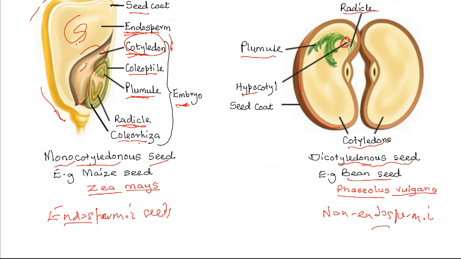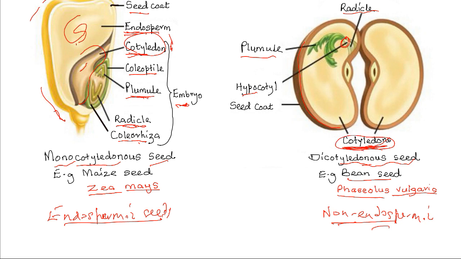So we have endospermic seeds, the ones that have an endosperm at maturity, and the non-endospermic, those that lack an endosperm. Remember, the endosperm was present initially because it is formed from the second fusion. But as the seed develops, the endosperm gets absorbed into the cotyledons. So in the non-endospermic seeds, the cotyledons are the main food storage structures.